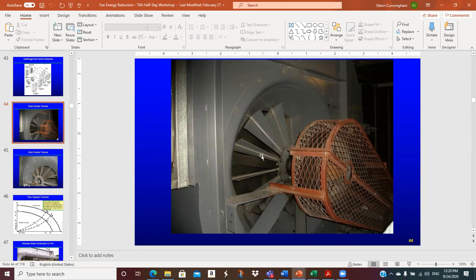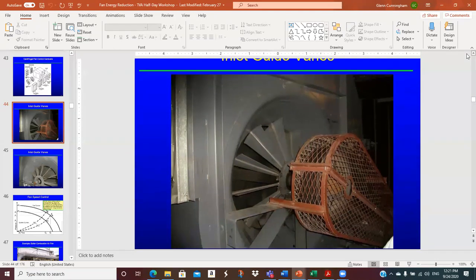What they do is impart a pre-rotation to the air, getting it pre-rotating in the same direction that the fan wheel is turning. That reduces the impact and the efficacy of the fan wheel, and so you get less air out. This is a fundamentally different technology than the discharge dampers or the outlet dampers, and it is a little more efficient.